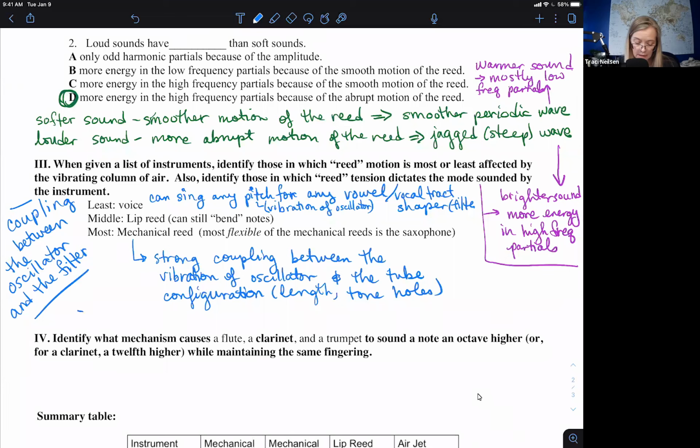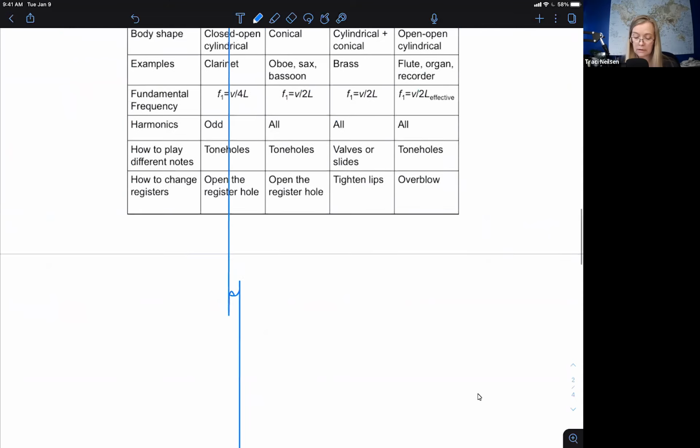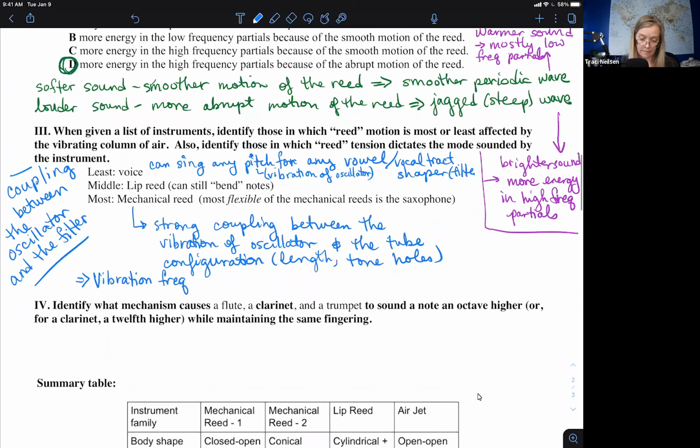And what does that mean? That means that the vibration rate or frequency must match one of the natural frequencies of the tube.